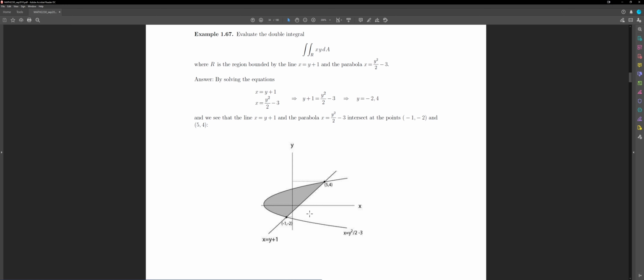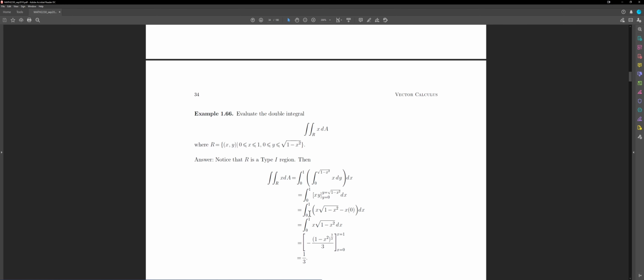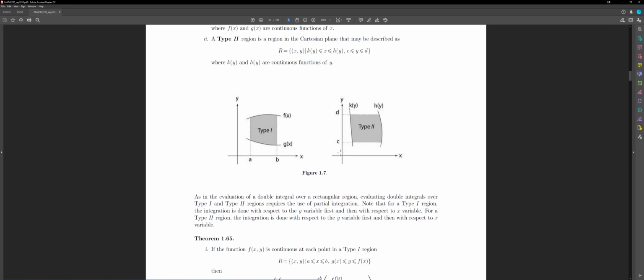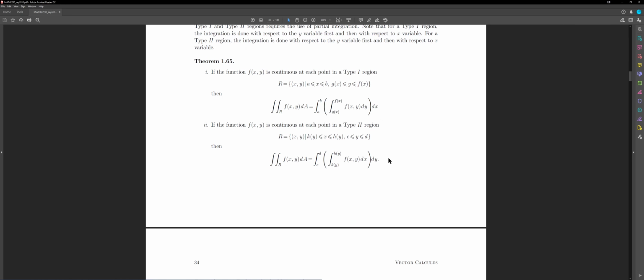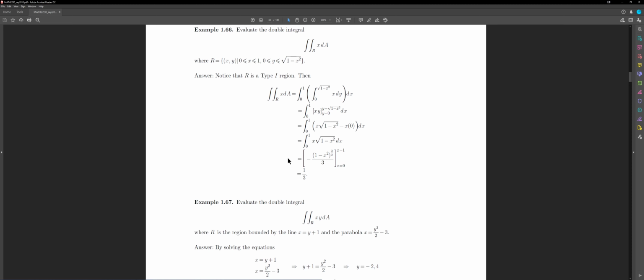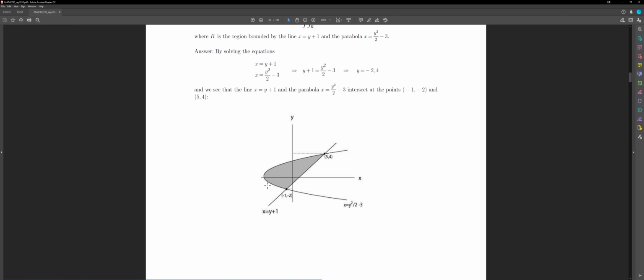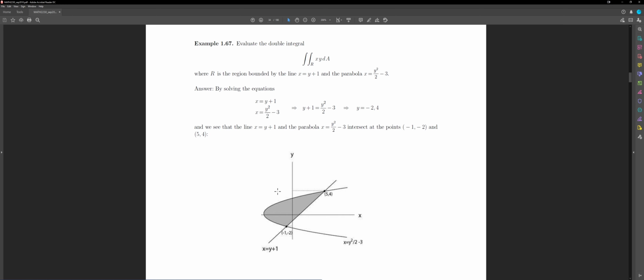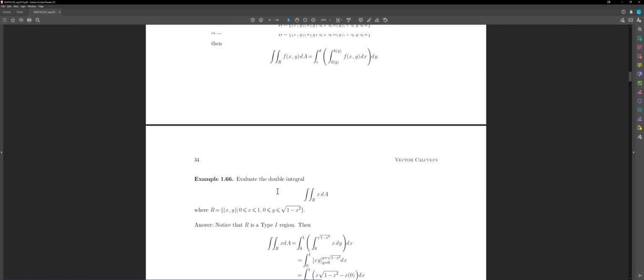Okay, so it's lying between 2 horizontal lines as what you expect from your general picture. So this is a type 2 region here, right?